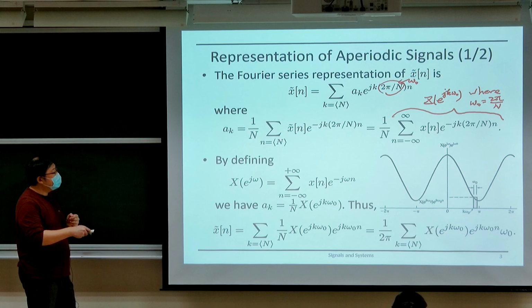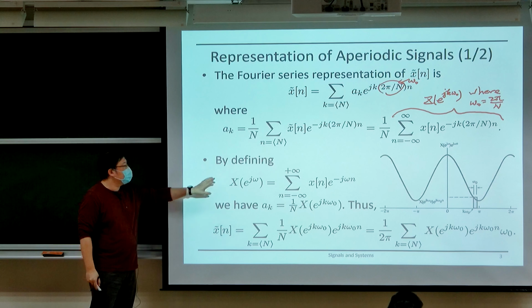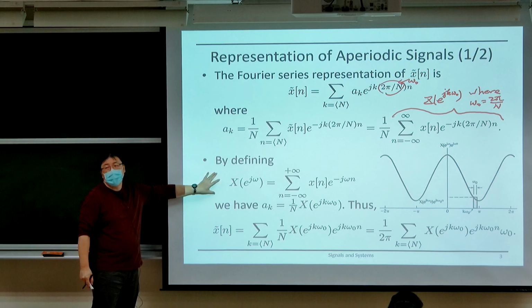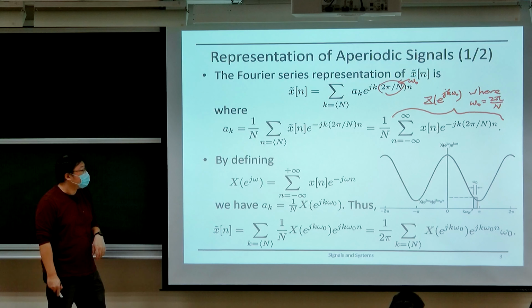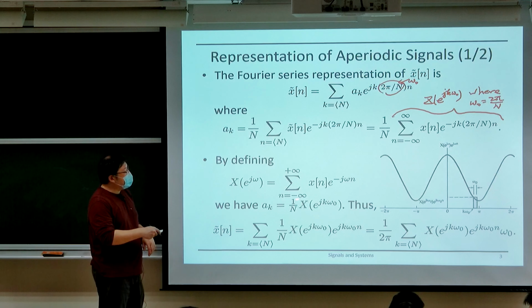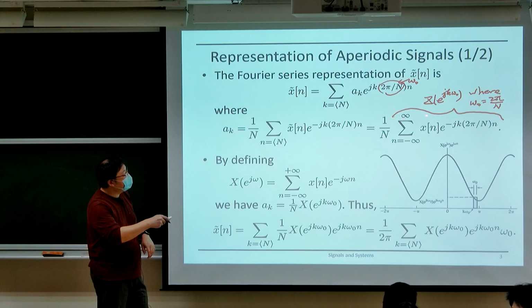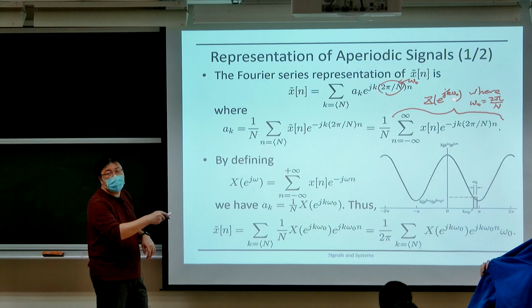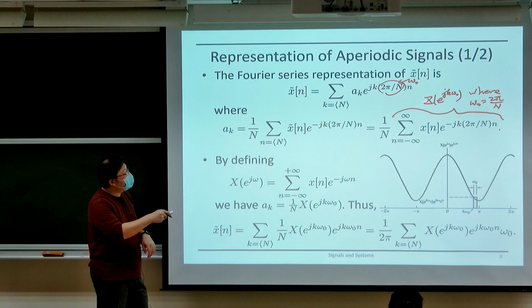Now we define the summation of x[n] times e to the minus j omega n as the function capital X of e to the j omega. And this, we will see later, will be the spectrum of the signal. So by this definition, this summation here can then be written concisely as capital X of e to the j k omega naught.